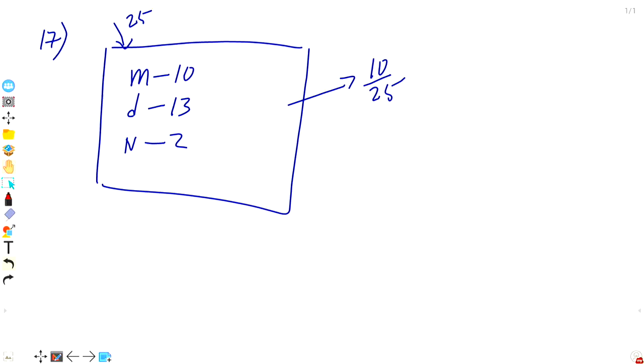26. Oh, the 26th question is wrong. Why A? Find the value of x given that x is less than 2.